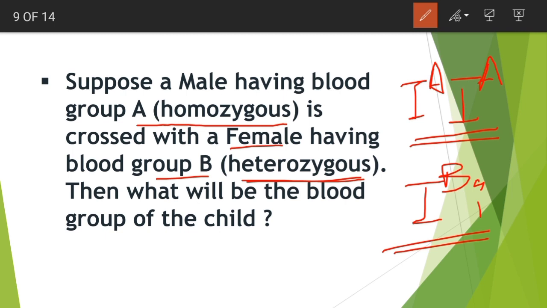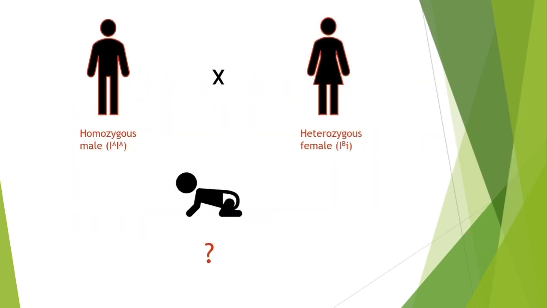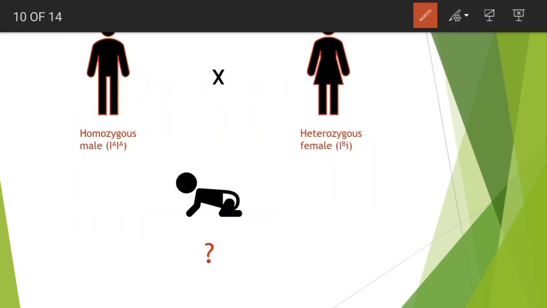So now from these two things, the presence of the alleles, we can predict the blood type of the child. If a homozygous male is crossed with a heterozygous female having blood group B, what will be the blood type of the child?